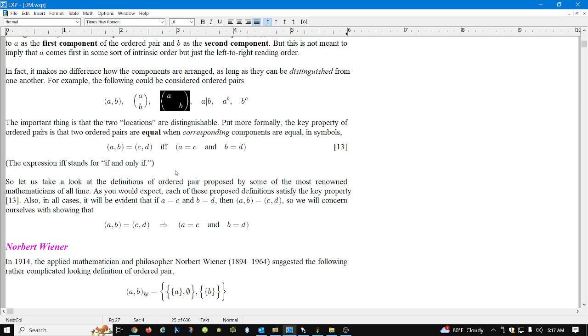And as you would expect, each of these proposed definitions satisfies this key property. Also, in all the cases that I'm going to show you, one direction of the if and only if is pretty obvious. If the components are equal, the ordered pairs are equal. So I'm not going to speak further about that. It's this direction that is the most interesting. If two ordered pairs are equal, then the components have to be equal.